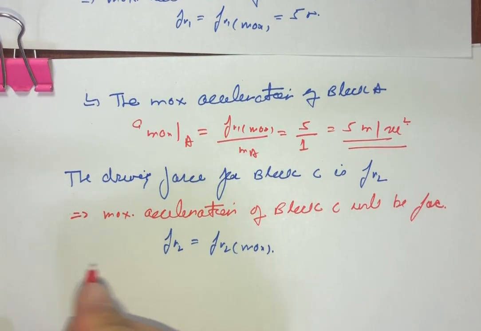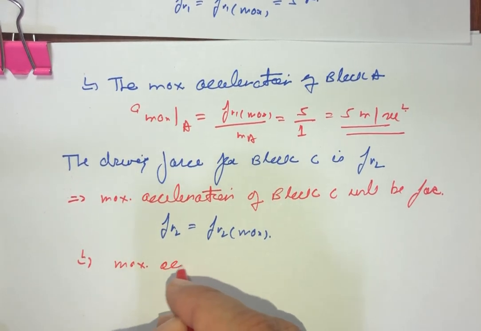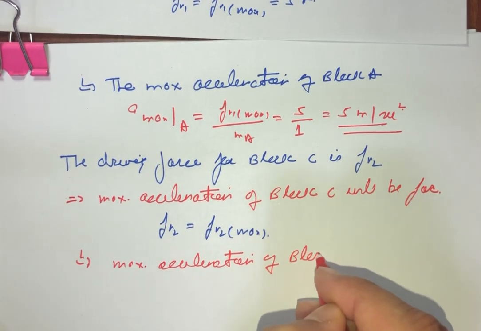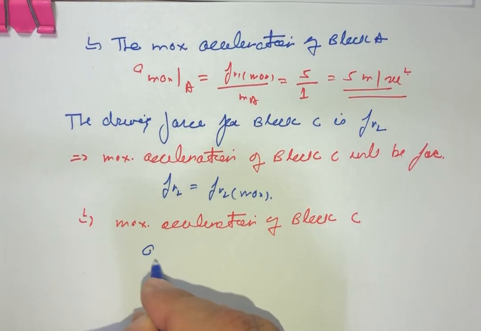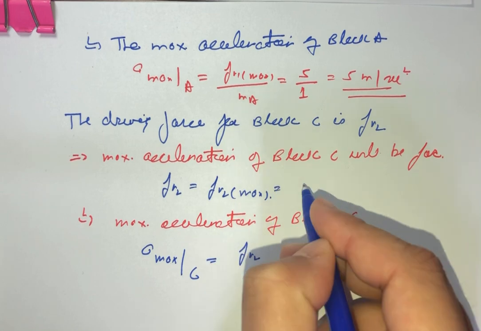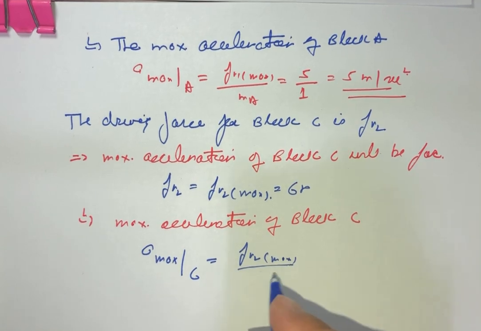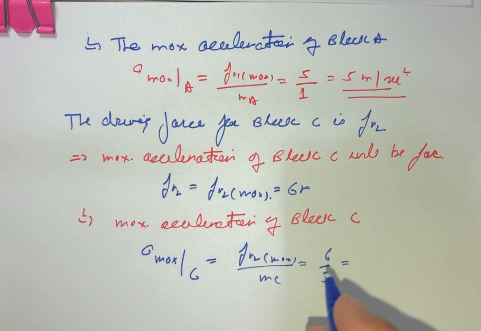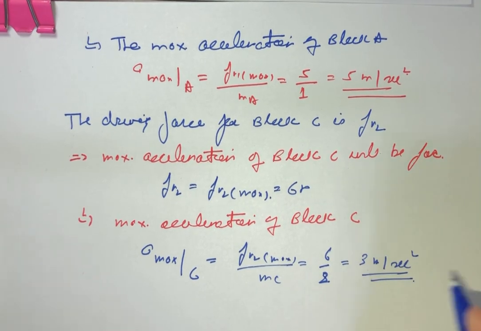Fr2 max is 6 Newton, so the maximum acceleration of block C is Fr2 max divided by the mass of C. It is 6 divided by 2, sorry, it is 2, so this comes to 3 meter per second square.